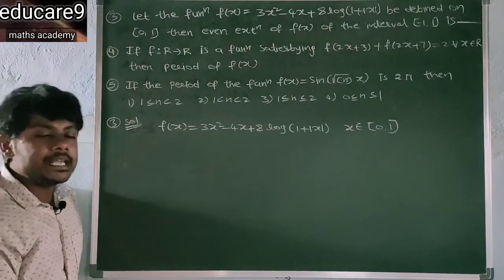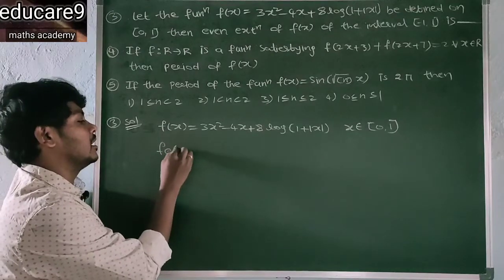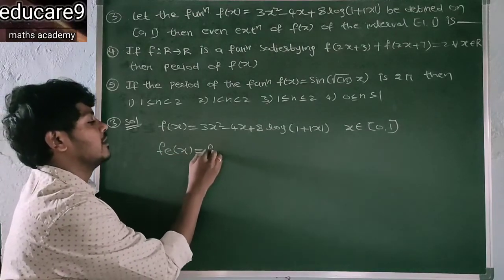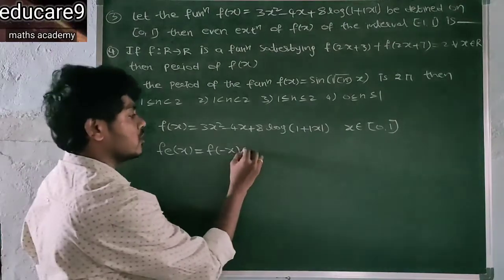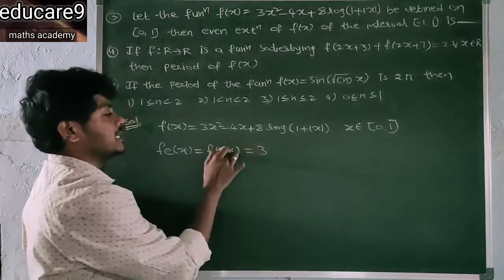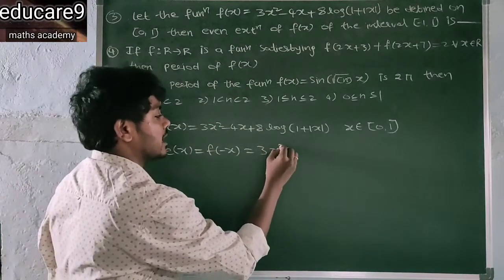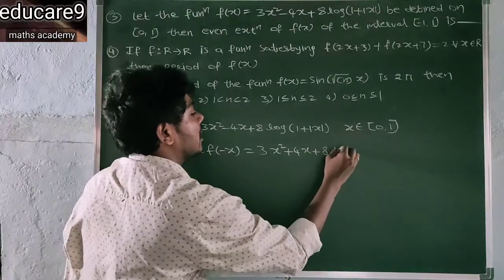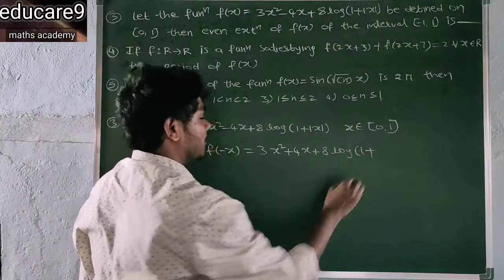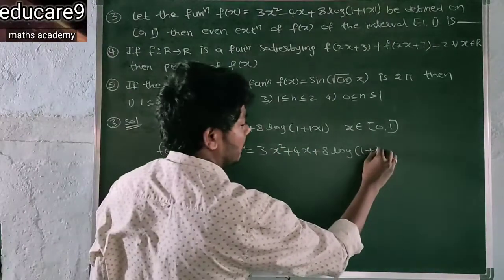Now find the even extension. So you know that f of x is f of minus x. So replace x by minus x. What you get? 3x square plus 4x plus 8 log of 1 plus mod of minus x, which is mod x.